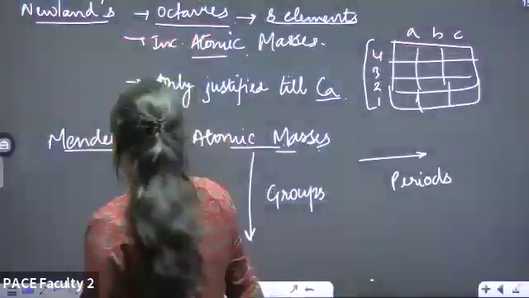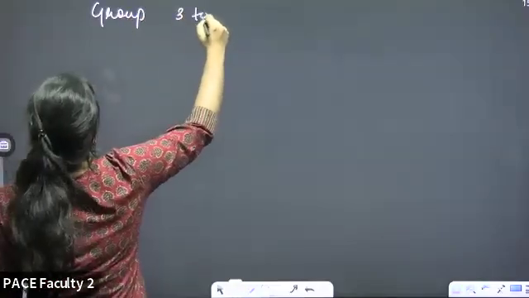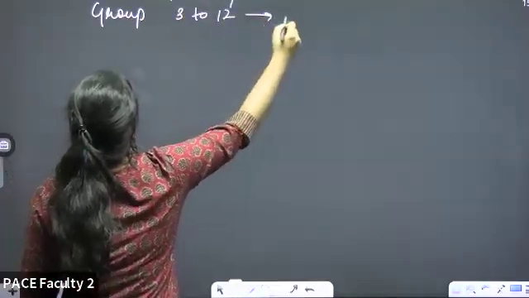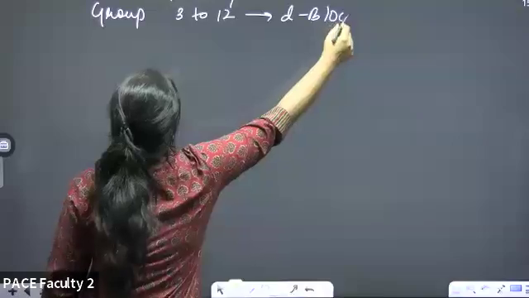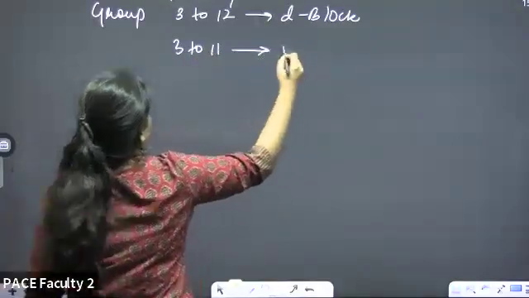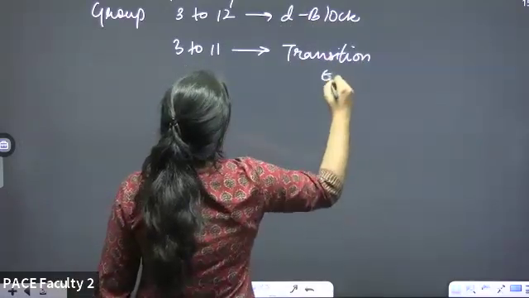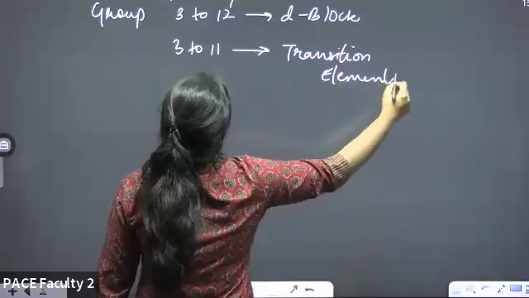Please children, don't make this mistake. Sometimes this question is asked. Elements from group 3 to 12 all are called D block elements, right? But elements from 3 to 11th group are called transition elements. Only these are called transition elements.